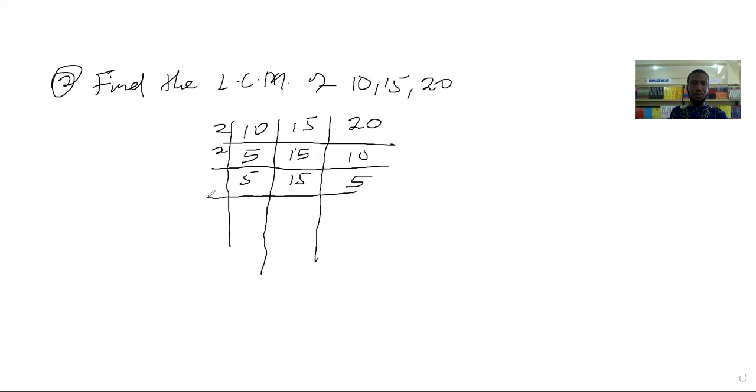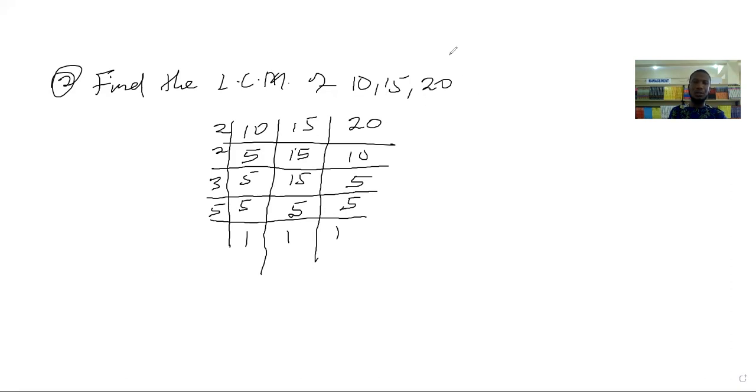Then 3 can go into 15, so it moves to 5. Then we repeat this 5 again. Then now, the next one is 5. 5 will go here 1, go here 1, and go here 1.